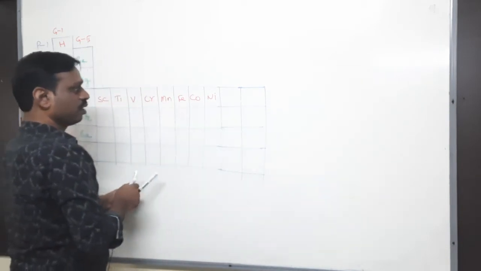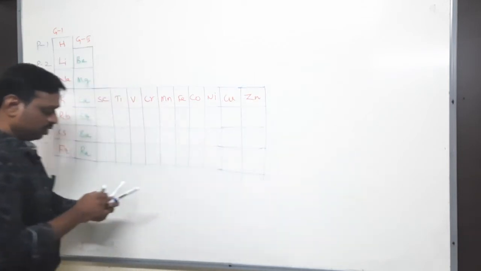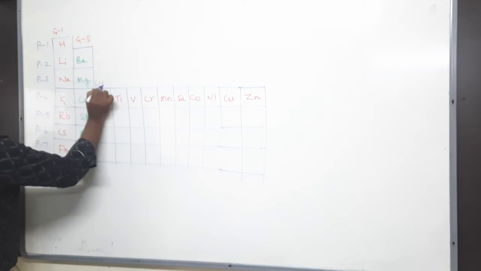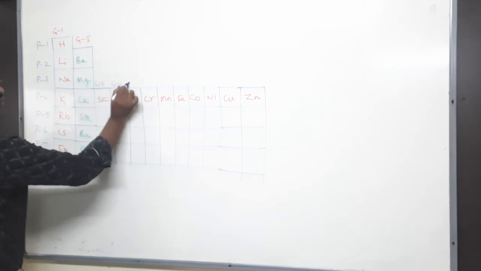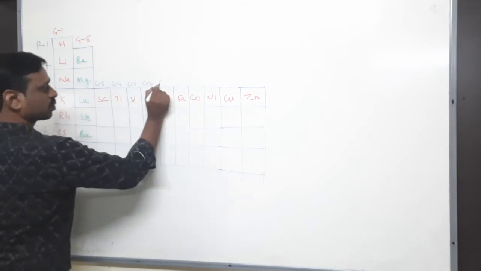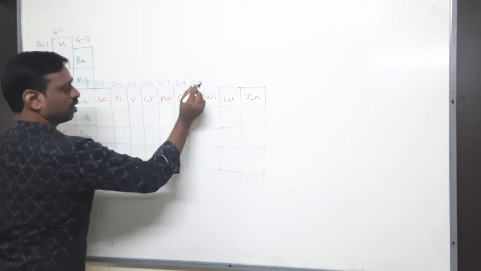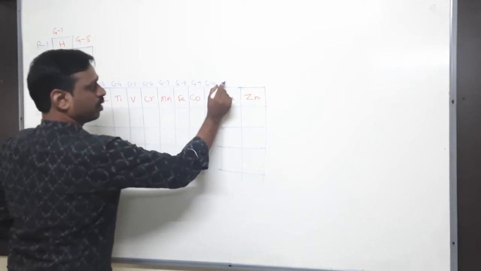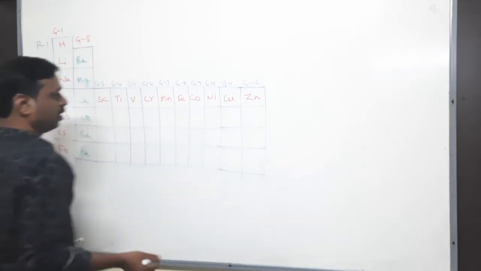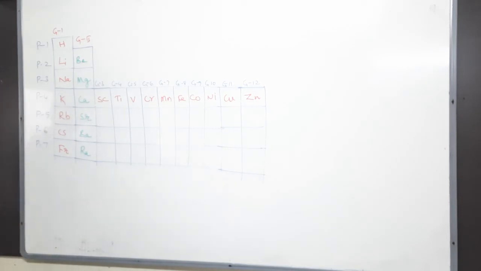Next is copper, zinc. So what is the group number here? It is G3, G4, G5, G6, G7, G8, 9, 10, 11, 12. It means third group to 12th group, total 10 groups.